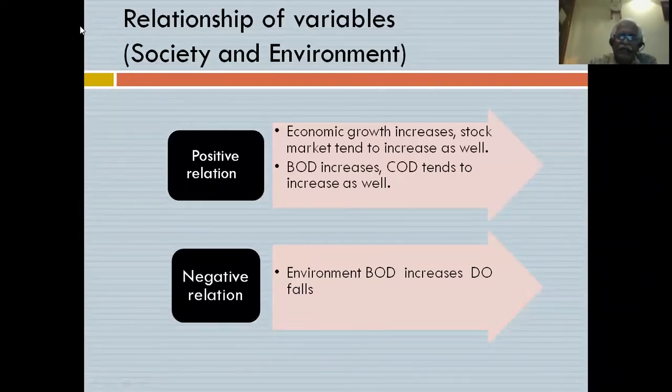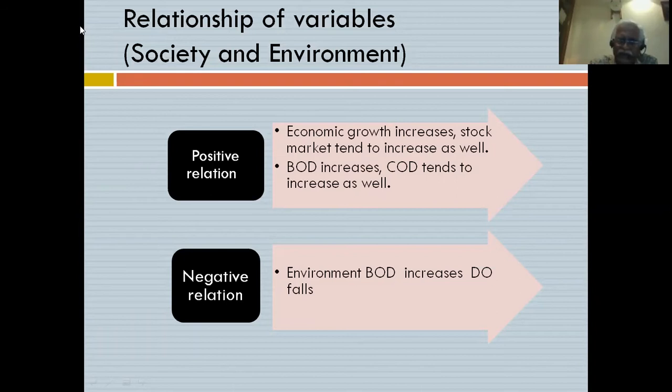Now, there are relationships of variables. If the economic growth increases, the stock market tends to increase as well. This is a social phenomenon we have all observed. Like that in the environment, when BOD increases, COD tends to increase as well, because BOD is a subset of COD. In the environment, when BOD increases, DO falls.